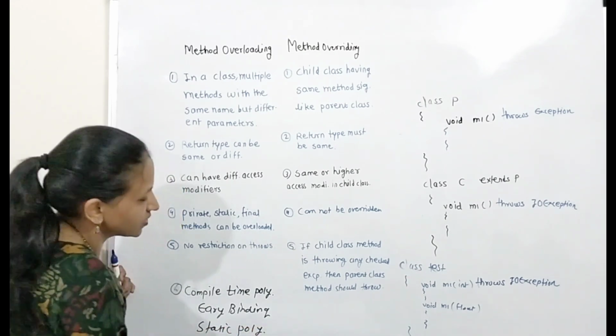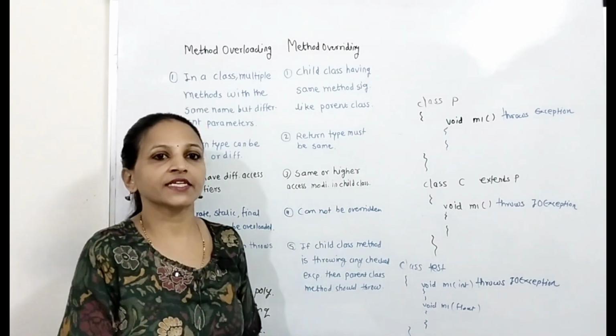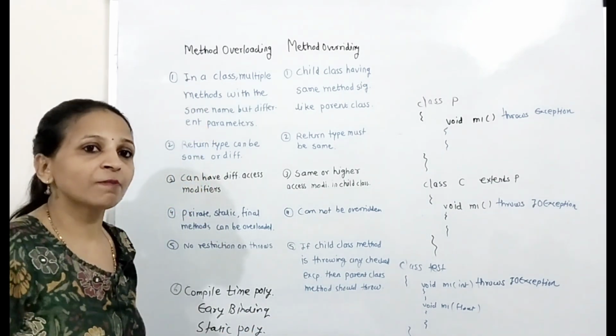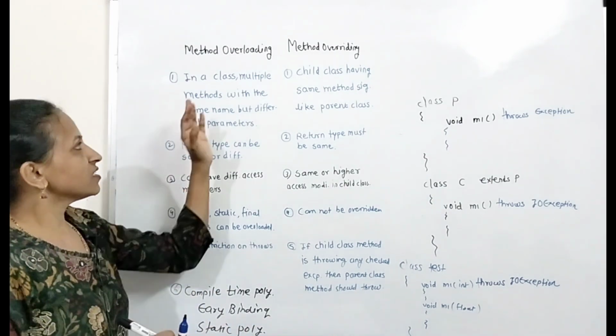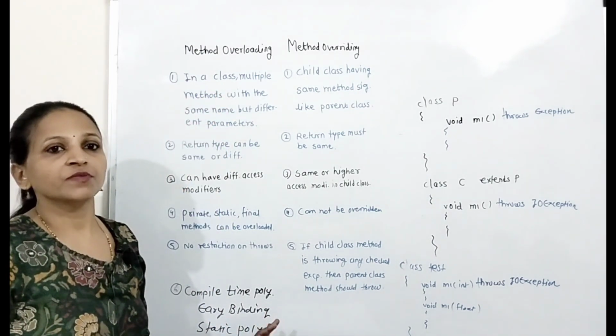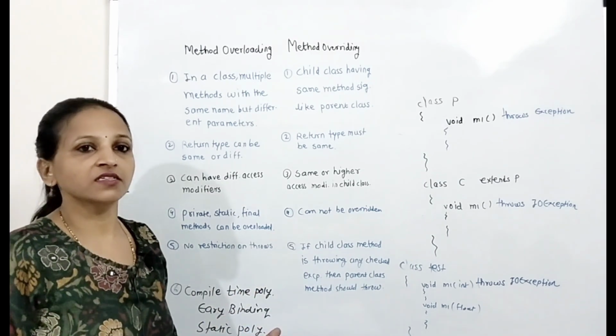These are multiple words you can use. Why? Because the linking of the method call to the method signature will be done at the time of compilation by the Java compiler. Compilation is the early stage, that's why it is called early binding.